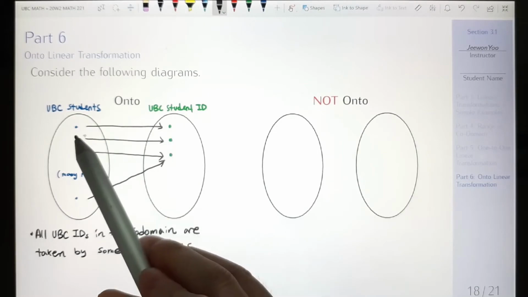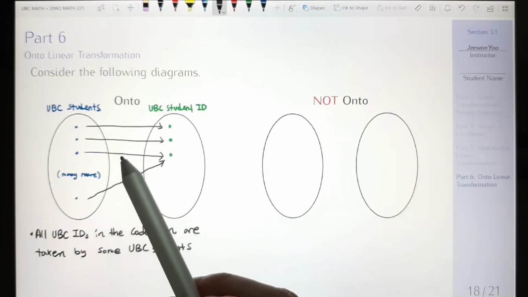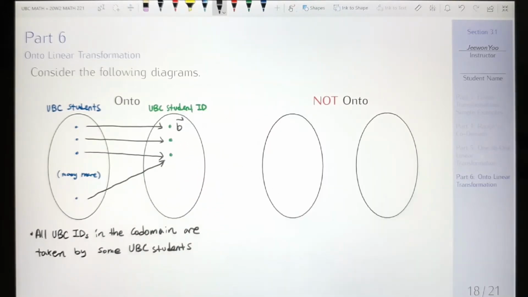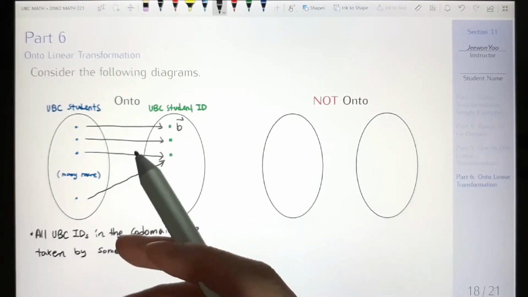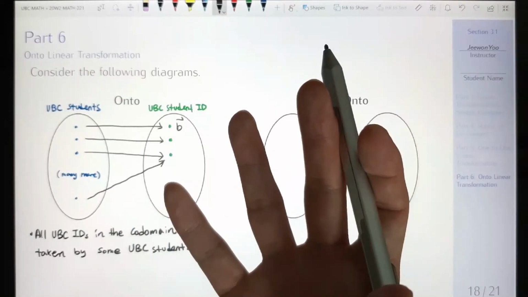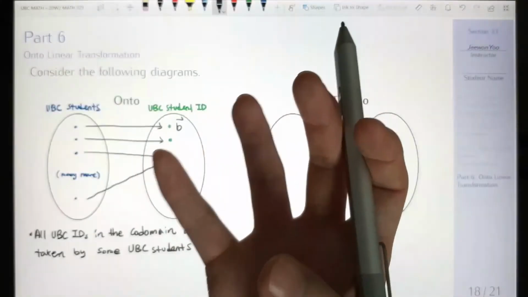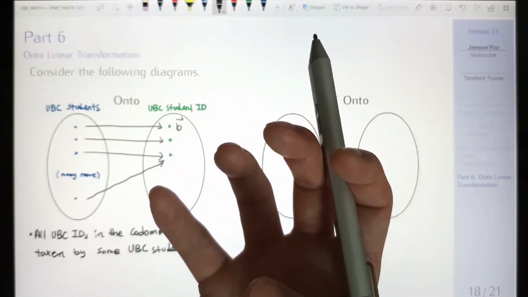For every single UBC ID in the codomain, assuming that you can find at least one UBC student has that ID, this means whatever vector B you choose, you're going to find a solution. The existence of solution has to do with the span, or the existence of solution means pivot in every what?